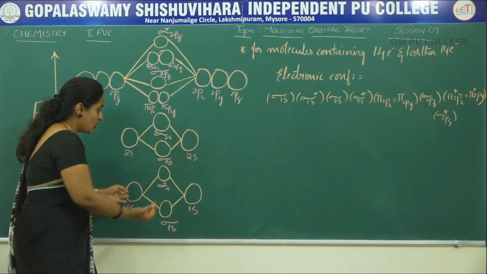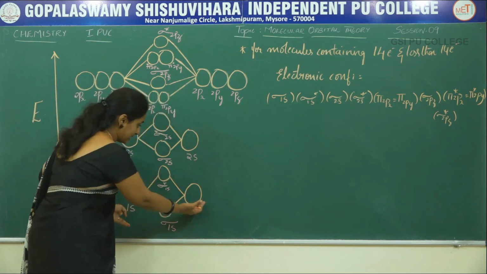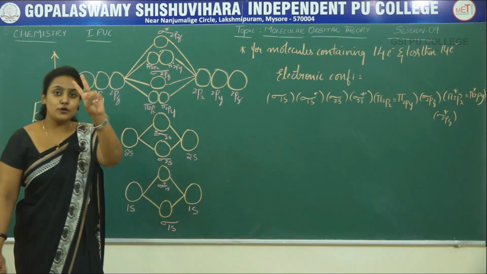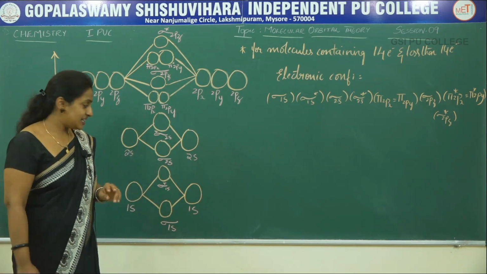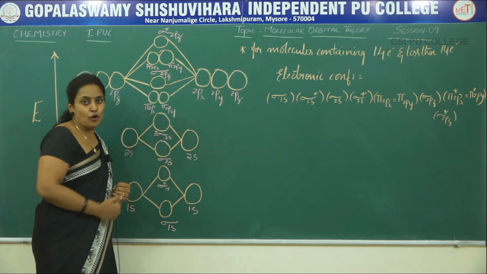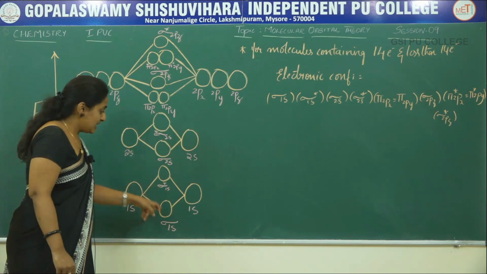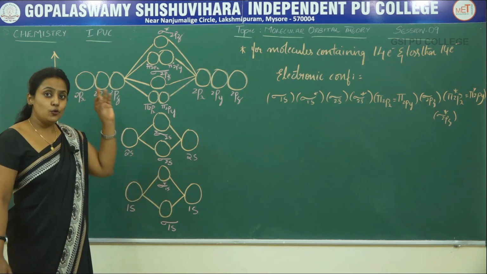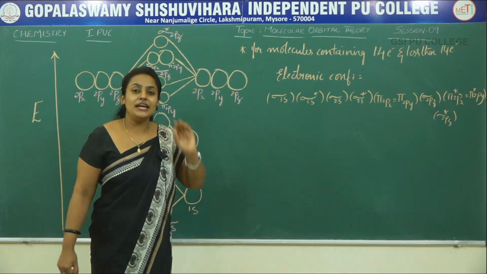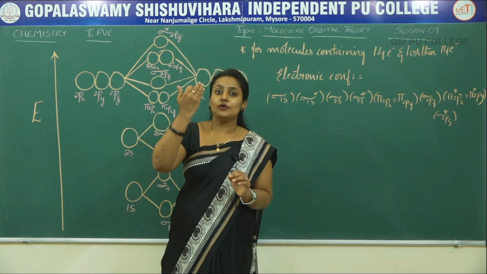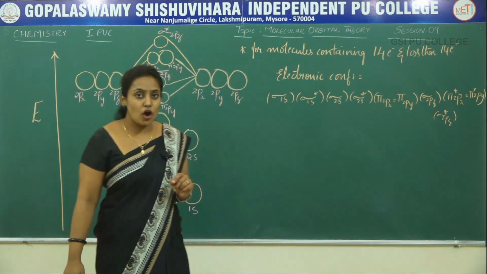Firstly, the 1s atomic orbitals have been combined to form two molecular orbitals. One is the bonding molecular orbital and the other is the anti-bonding molecular orbital, that is sigma 1s and sigma star 1s. Usually, the bonding molecular orbital always has lesser energy compared to the anti-bonding molecular orbital.